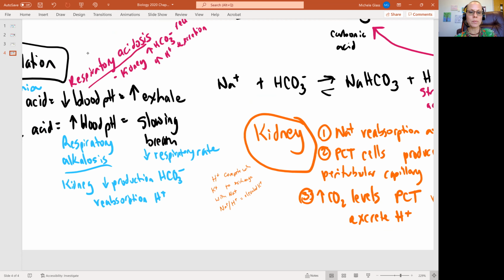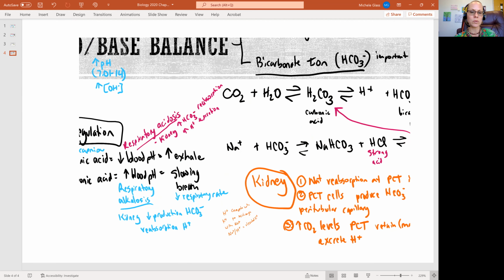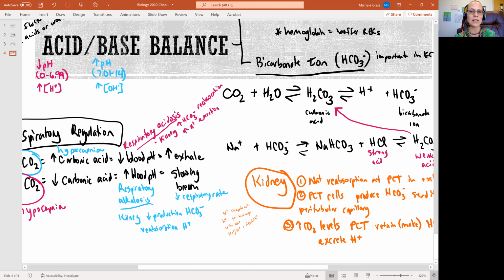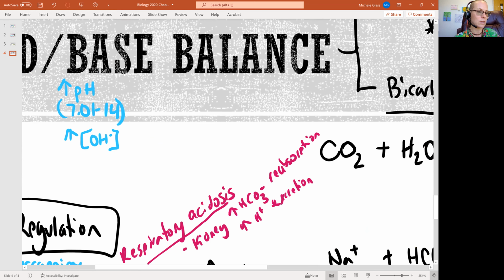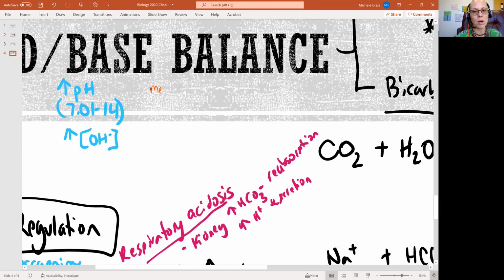We mentioned the respiratory acidosis and respiratory alkalosis as related to problems with the respiratory tract. We also have what is described as metabolic acidosis and metabolic alkalosis. And the difference here has to do with the production of the bicarbonate ion.